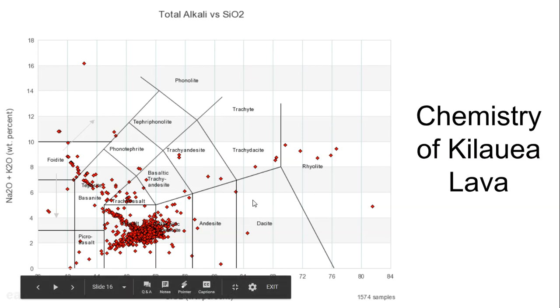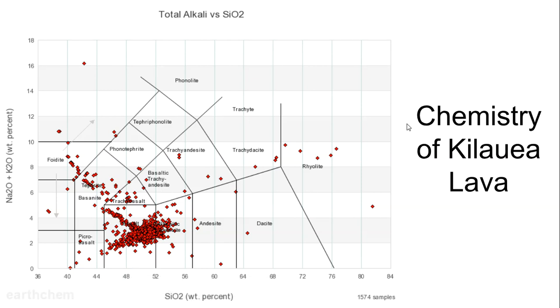So this is Kilauea, so it's mafic. It should have low silica content, and indeed it does, around 48, even down to 40% silica. You can see there are some samples collected from Kilauea that are richer in silica, but generally they cluster way down here.